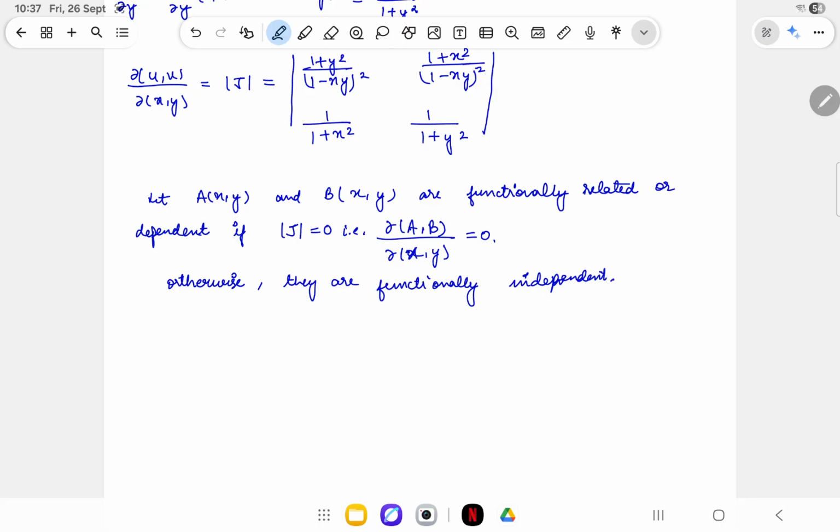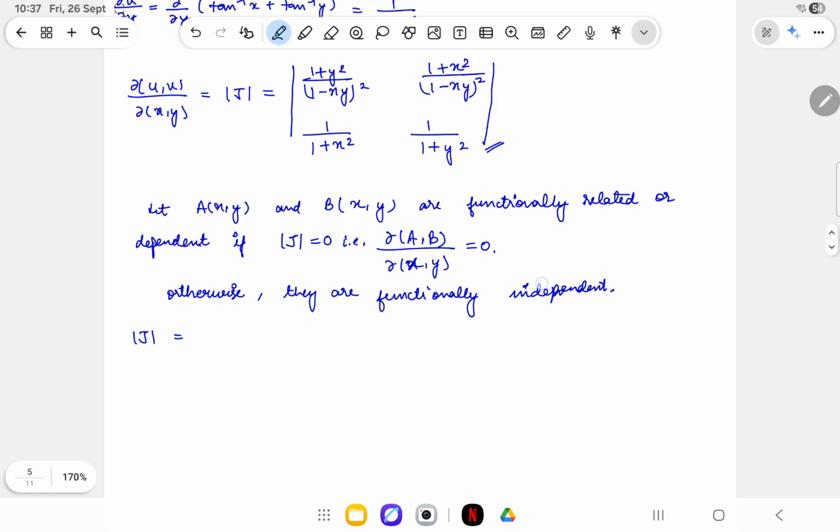So let's simplify the Jacobian that we get in here. That will be equal to the determinant of this term, and that will be (1 plus y square) divided by (1 minus xy) whole square into 1 by (1 plus y square) minus 1 by (1 plus x square) into (1 plus x square) divided by (1 minus xy) square.